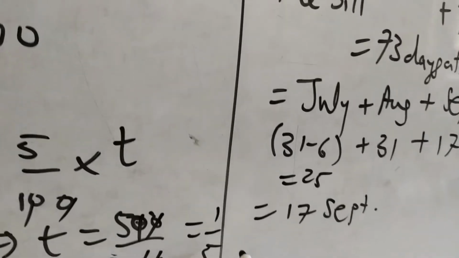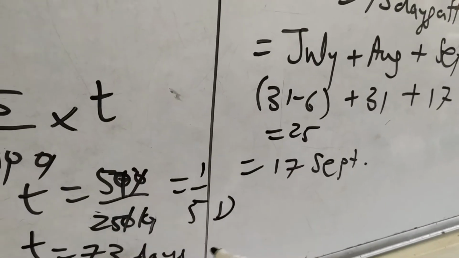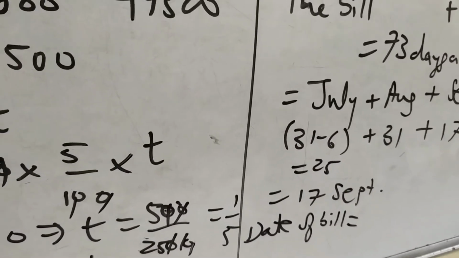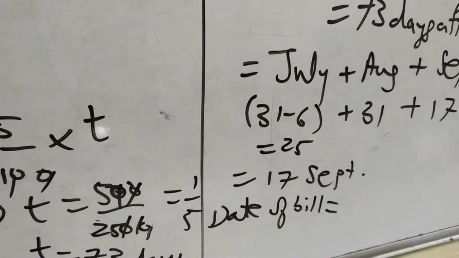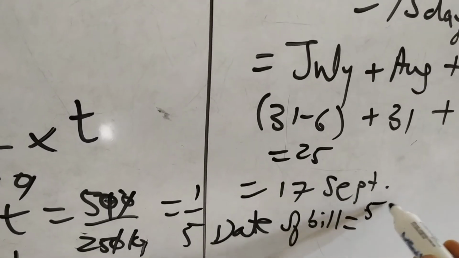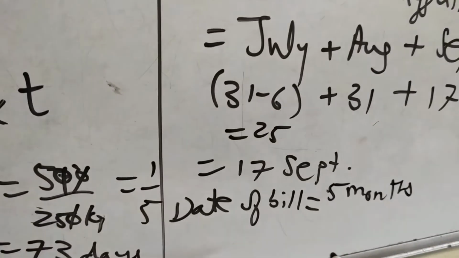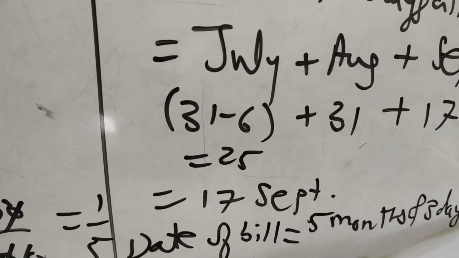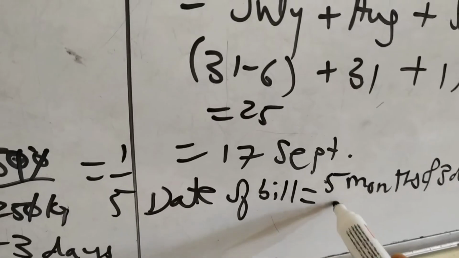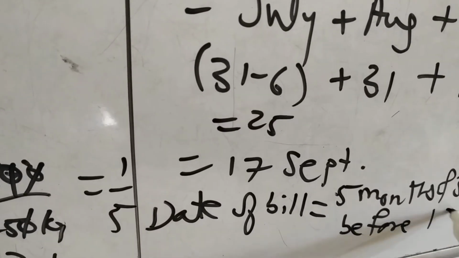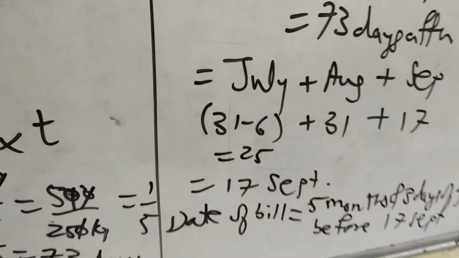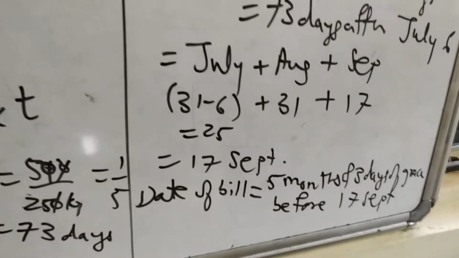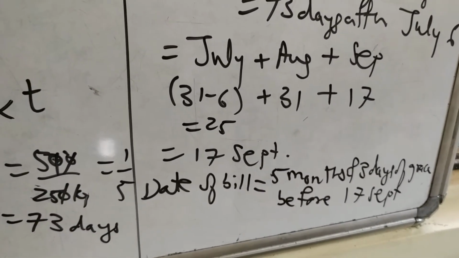So to find the date on which bill is drawn, let us write date of the bill equals 5 months and 3 days of grace before 17 September. So how to find the date on which bill is drawn? 5 months and 3 days of grace before 17 September.